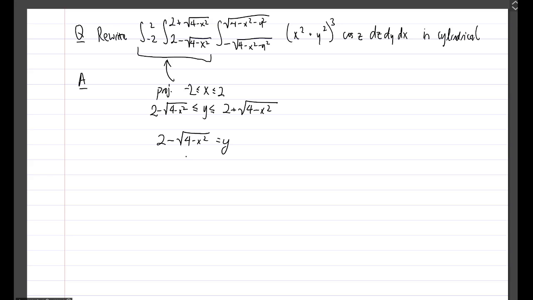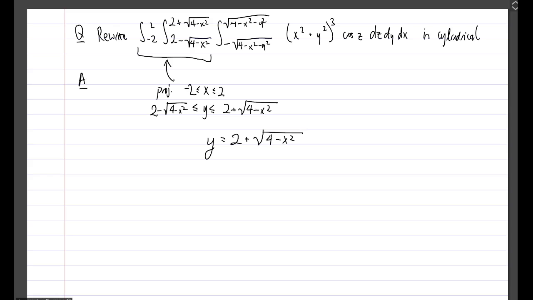How about that? Let's deal with this positive side first. I think that'll actually be easier to work with here. So y equals 2 plus root 4 minus x squared.